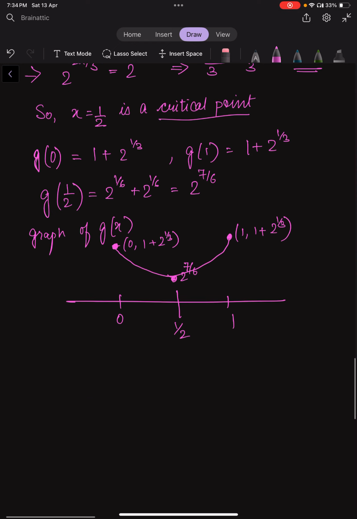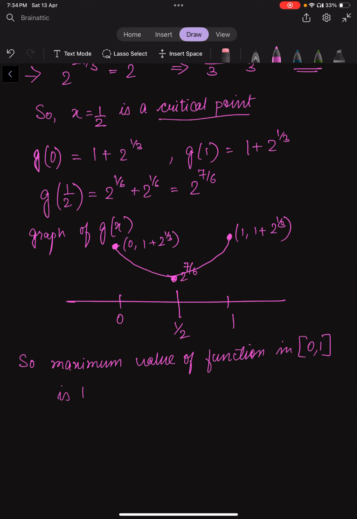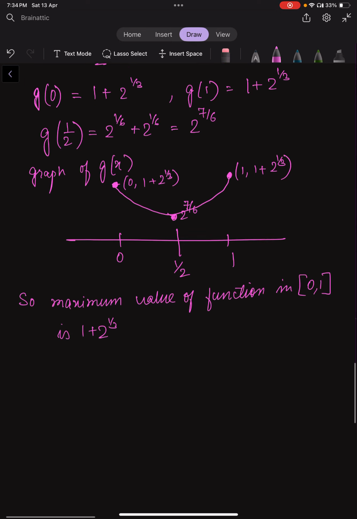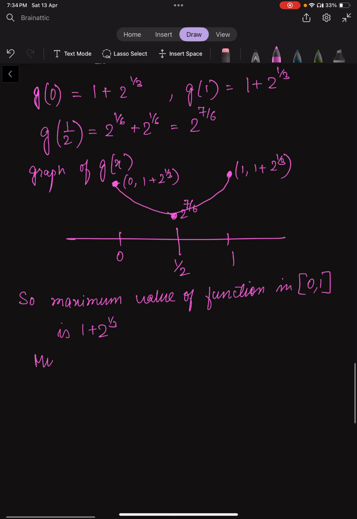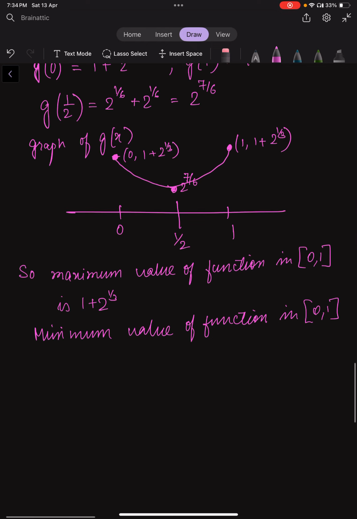Okay, so we can say that the maximum value of the function in [0, 1] is 1 plus 2 power 1 by 3, and the minimum value of the function in [0, 1], both included when we give box brackets, is 2 power 7 by 6.